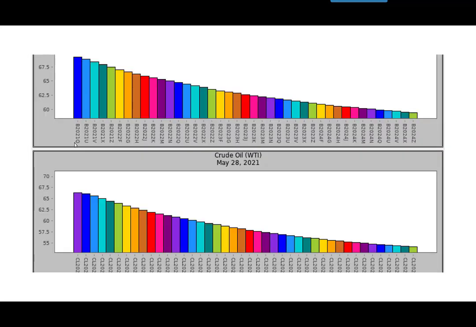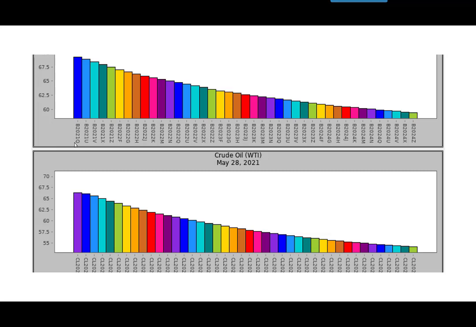Okay, the first thing that we're looking at here is what's called the term structure. So in effect, it's like the yield curve, only for crude oil. Up at the top is Brent, down at the bottom is WTI, West Texas Intermediate. You can see that there's a downward slope, and each one of the colored bars is the expiration of a futures contract.